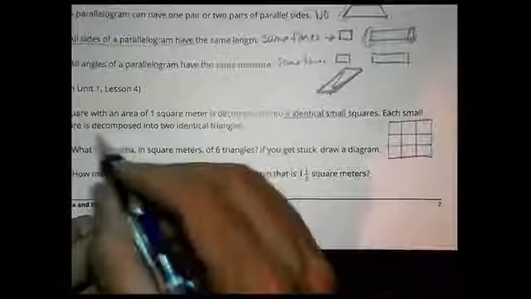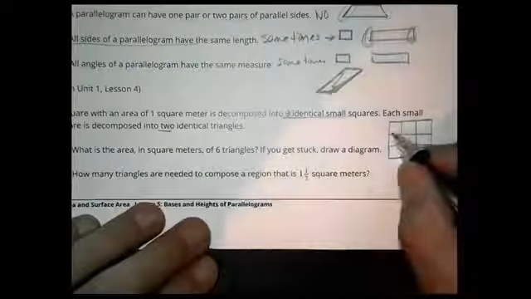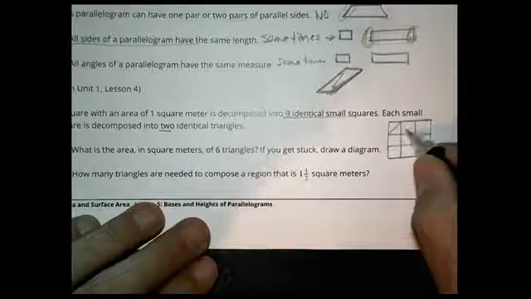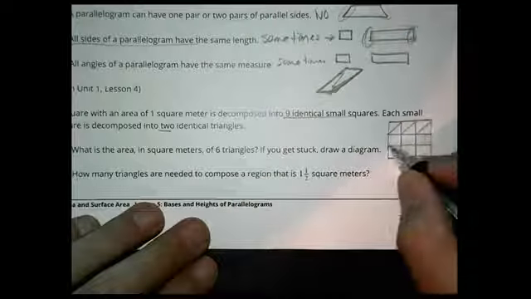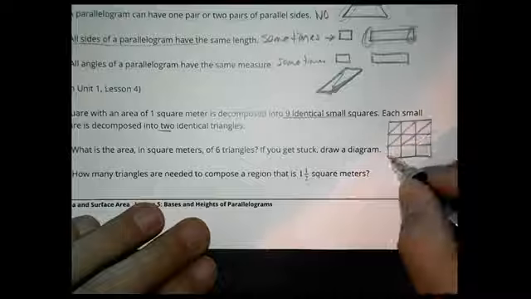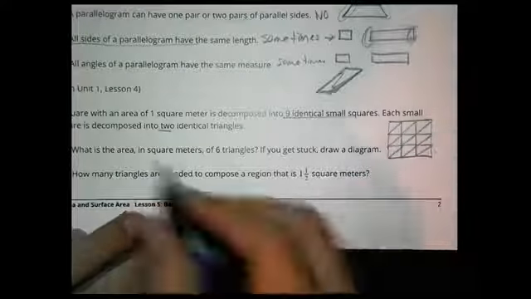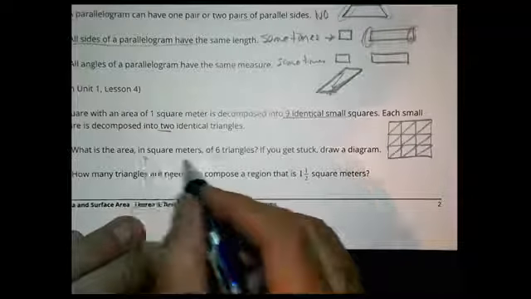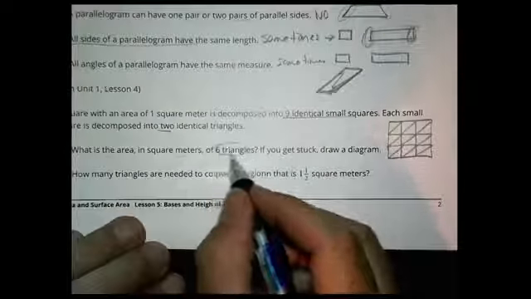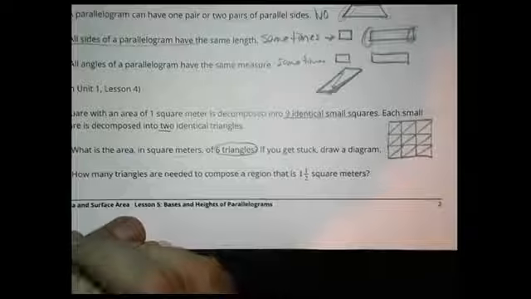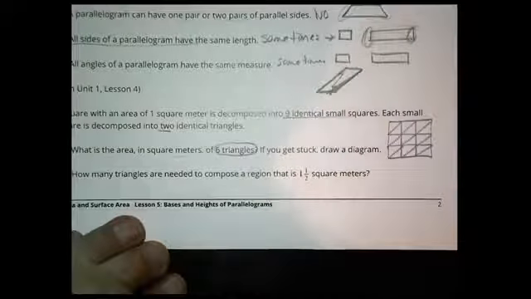Each small square is decomposed into 2 identical triangles. So every small square gets decomposed into triangles. A. What is the area in square meters of 6 triangles? Alright, so 6 triangles would be right here in this case.